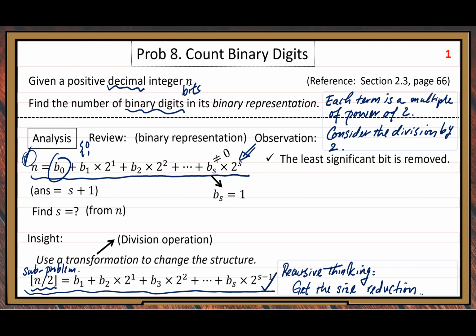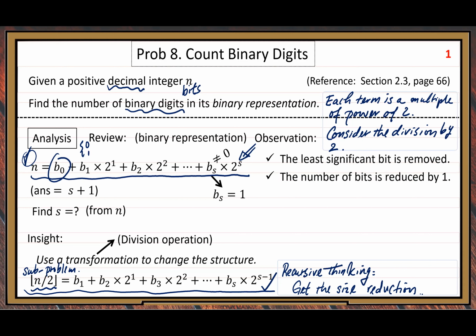First, the least significant bit is removed. B0, the least significant bit, is gone after division by 2. It doesn't matter what value it has, 0 or 1, it is gone.